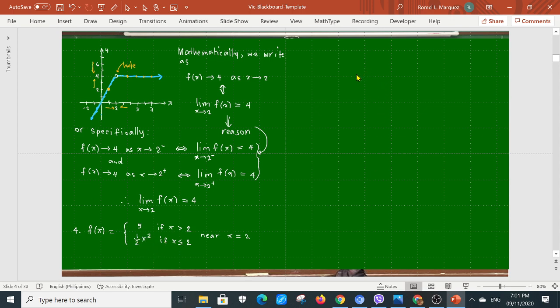So let's draw the graph. How does the graph look like? One is a constant function, the other one is not, no? So let's have here. It's not a nice line.